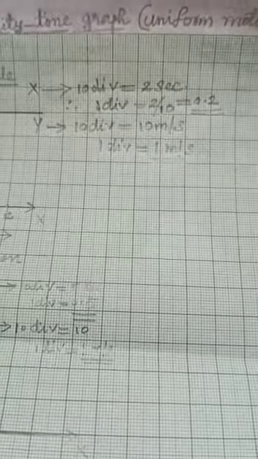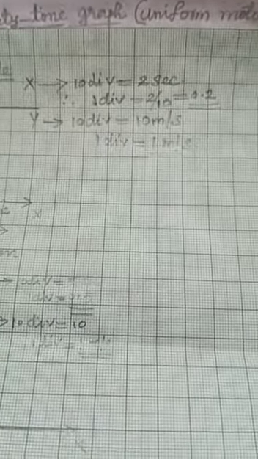Therefore 1 division is equal to 2 divided by 10, that is 0.2. It means that along the x-axis the value of the first small division will be 0.2.